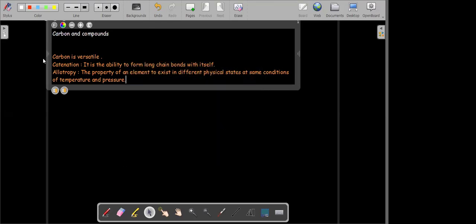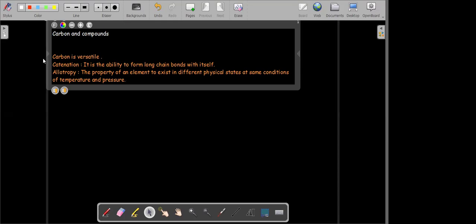All right. So, understood all of this. Why is carbon so important? Why are we studying carbon? First of all, it is versatile. It's available everywhere in a number of forms. Its property of catenation, that is, it has the ability to form long chain bonds with itself. Carbon shows the property of allotropy, that is, it can exist in more than one physical form under similar conditions of temperature and pressure.